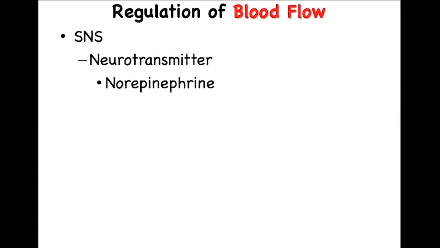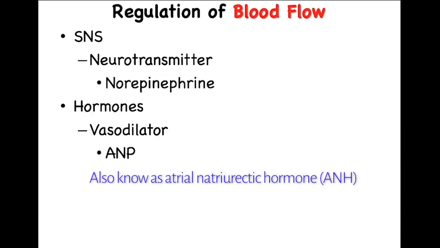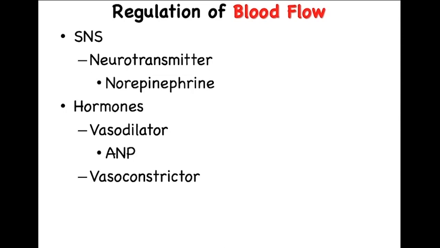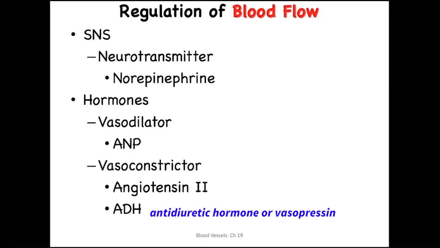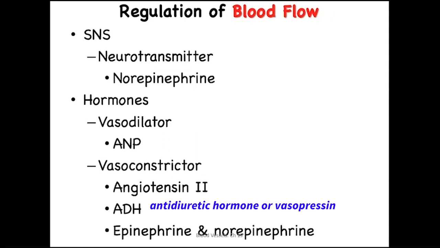Another group of chemical messengers is your hormones. There is one vasodilator that you need to know, and that hormone is ANP, atrial natriuretic peptide, released by the atria of the heart when blood volume is elevated. There are several vasoconstrictors: angiotensin II, ADH, which is also known as vasopressin, and epinephrine and norepinephrine.